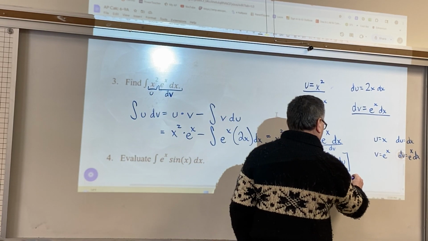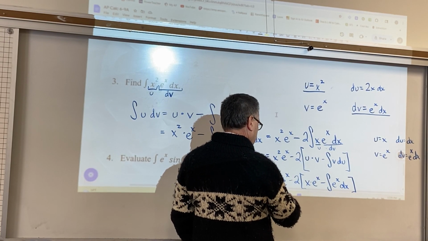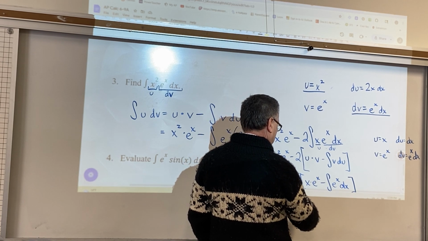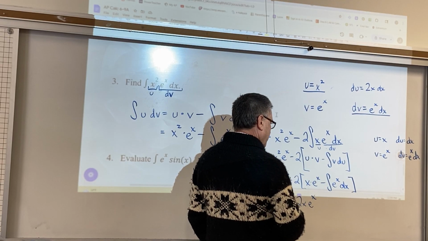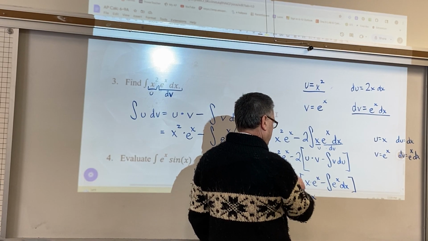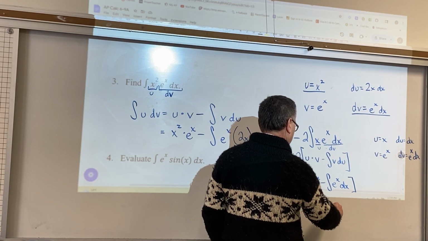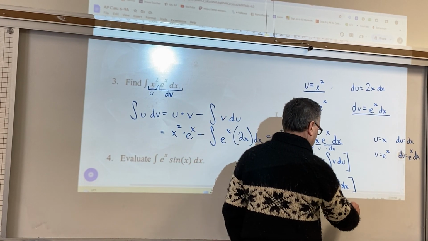Okay, so let's see what we got here. We got x squared e to the x, don't have to do anything there. We got minus 2x e to the x. And we've got minus a minus, plus, e to the x is the integral of that, plus.